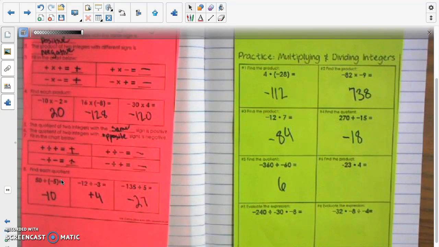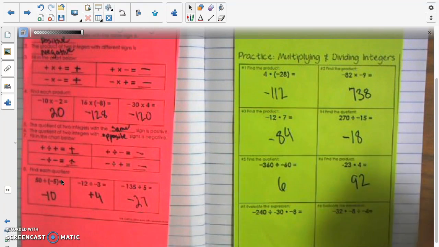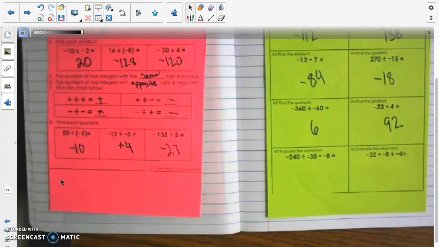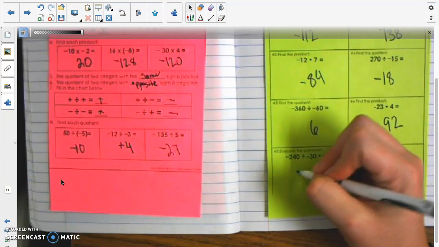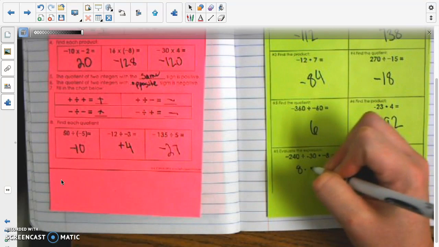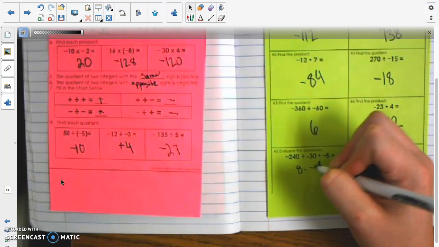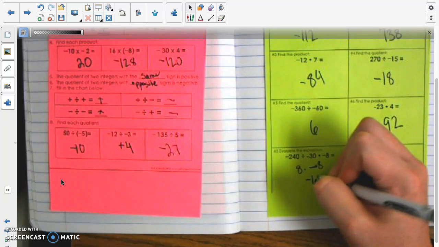Negative 23 times negative 4 is going to be 92. And then we have to evaluate. Oh, this looks long. So negative 240 divided by 30 is going to be negative 8. And then positive 8 times negative 8 will be negative 64.